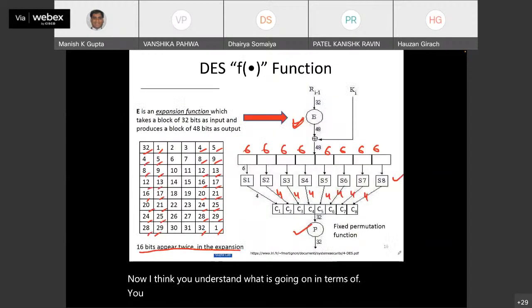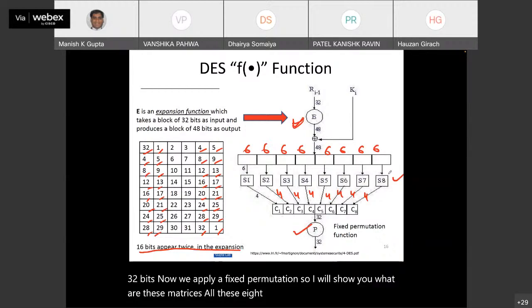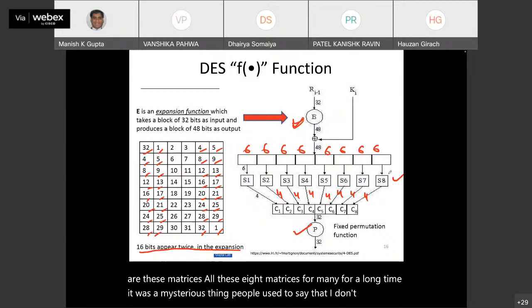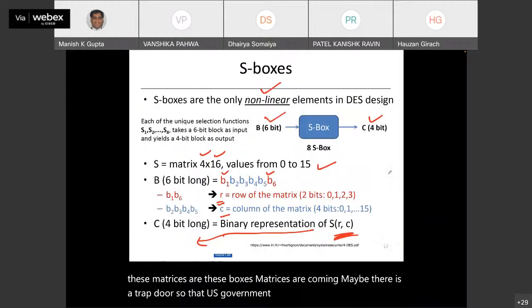these S boxes. So basically we have got 4 bits as an output, and these are 32 bits. Now we apply a fixed permutation. So I will show you what are these matrices, all these 8 matrices. For a long time it was a mysterious thing. People used to say that I don't know why these S boxes matrices are coming. Maybe there is a trapdoor so that the US government can spy on anything, why these are the fixed matrices.